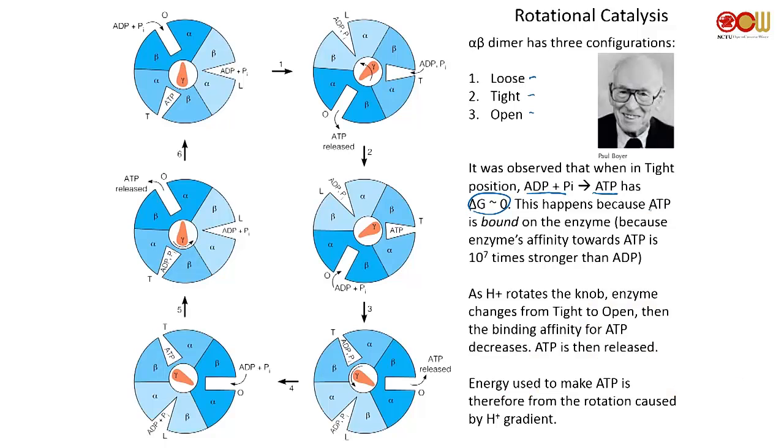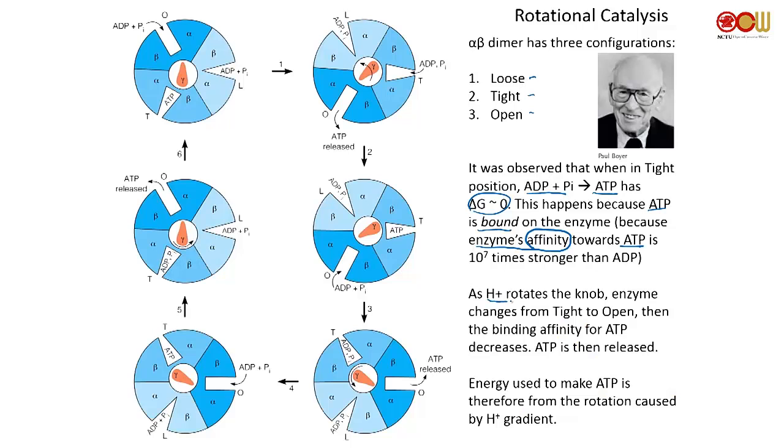This happens because ATP is actually bound on the enzyme, because the enzyme has a strong affinity towards ATP, higher than ADP. So if the enzyme has a very high affinity for ATP, ATP is stabilized, so that ADP becoming ATP is okay. It's actually easy.